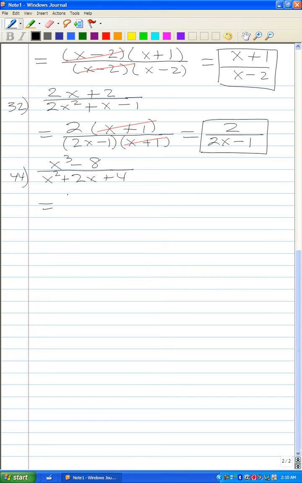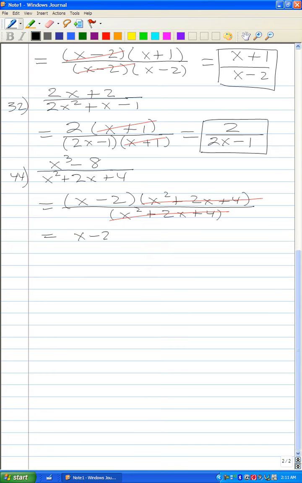And so I can factor the numerator into x minus 2 times x squared plus 2x plus 4. And the denominator is the same thing, x squared plus 2x plus 4. And so I can cancel the x squared plus 2x plus 4's. And so you just get x minus 2. And you're done.